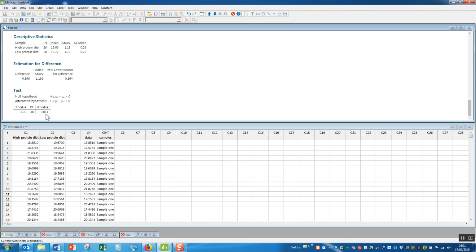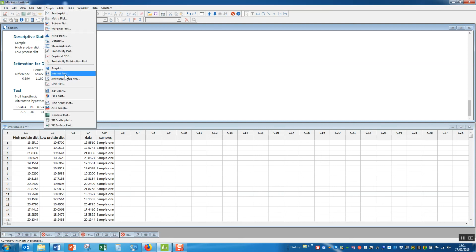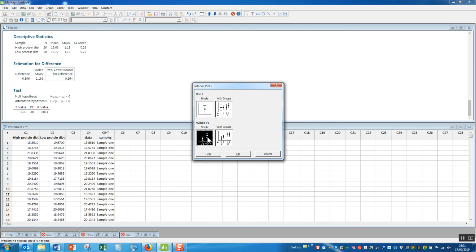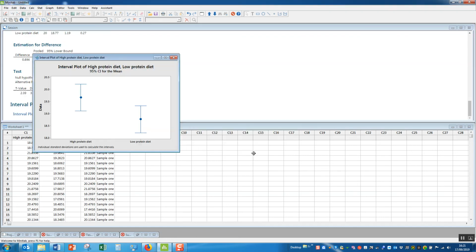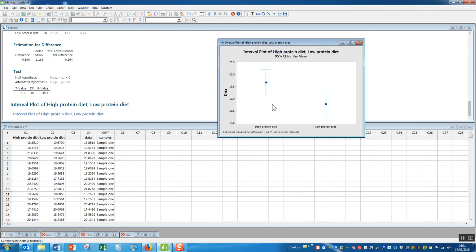On my interval plot here, we can see that the mean is higher. We know it's significantly higher, and I would annotate that the p-value is in fact 0.011 rather than the 0.022 that we had with the two-tailed test.